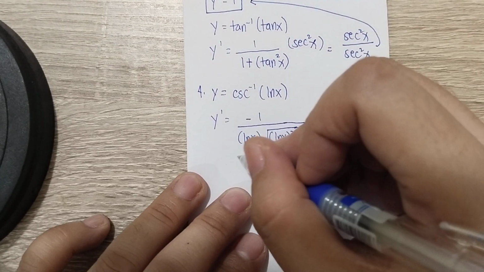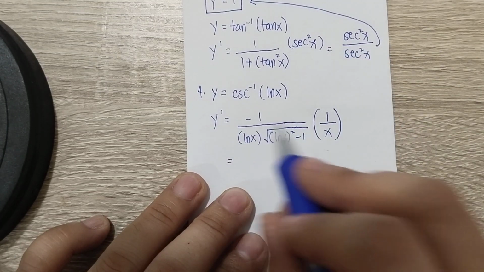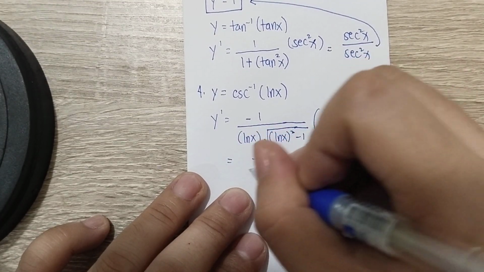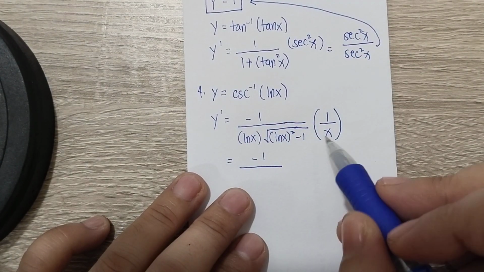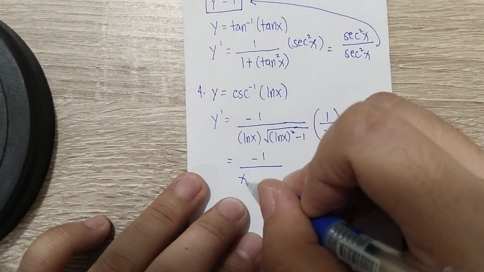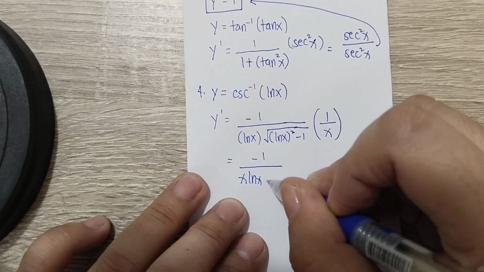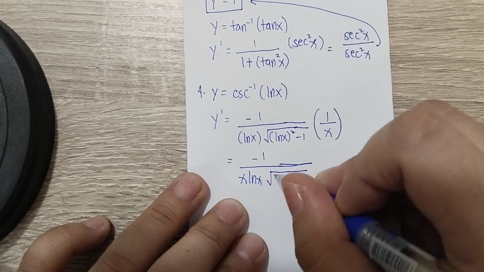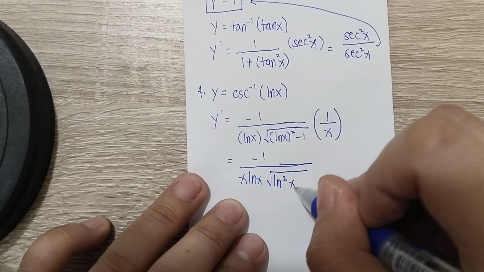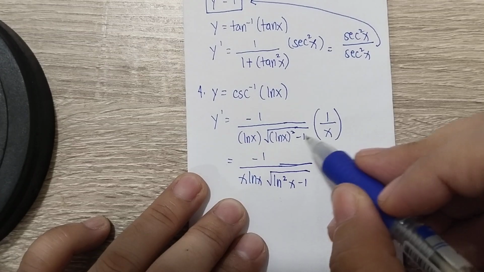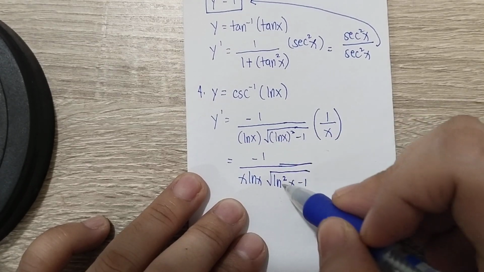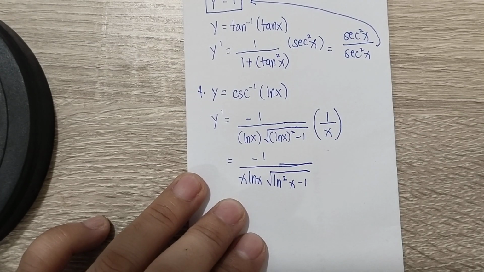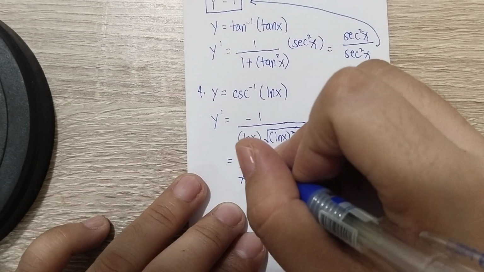Diba? Remember, ln, 1 over u prime. So, 1 over x, derivative ng x ay 1. So, mangyayari dito, our answer will be negative 1 times 1. We have negative 1 all over. So, si x, ilagay natin sa unahan. Then, ln x. Then, square root of. Ito, pwede mo siyang gawing ln squared of x minus 1. Tandaan, yung squared ay na kay ln, wala kay x. Okay? So, yun yung proper.